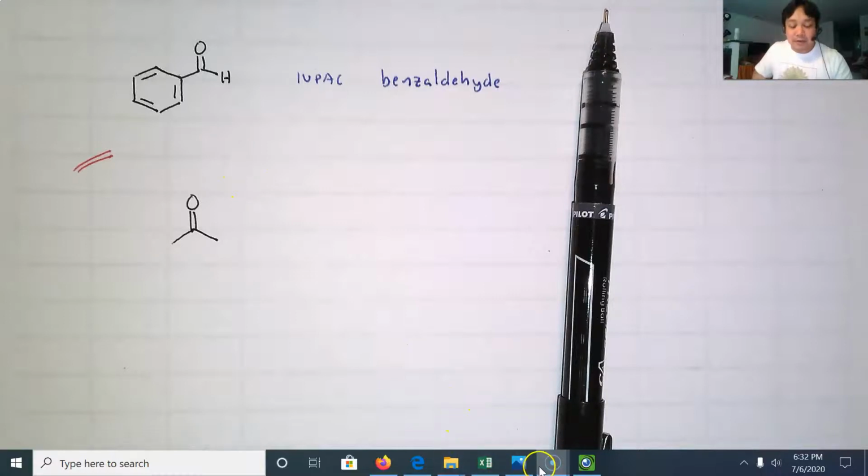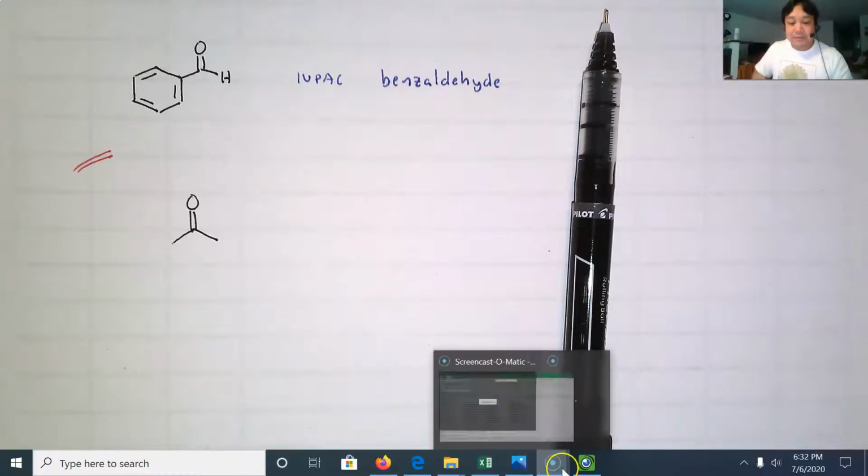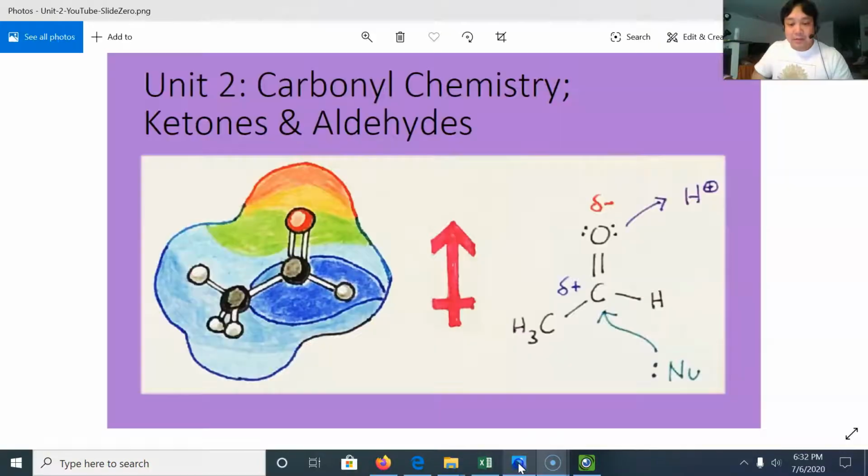It's a fairly large dipole, and here we have it indicated with a dipole arrow, with an electrostatic potential map, and with partial charges. Honestly, I'm not going to draw this under my doc cam. Why don't you go ahead and copy this one right here?